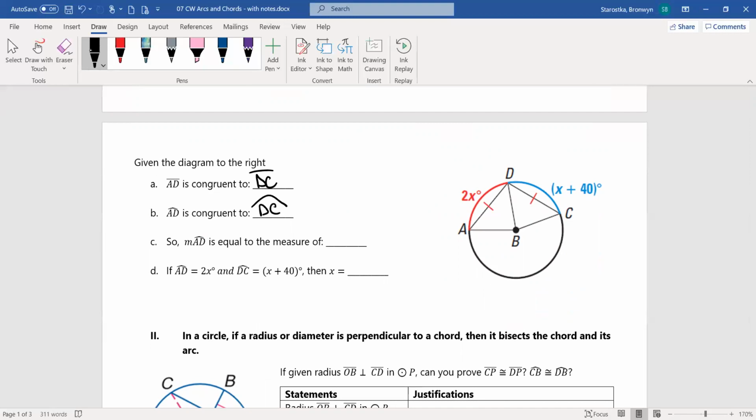So the measure of arc AD must be equal to the measure of arc DC. So if AD equals 2x and DC equals x plus 40, then we can just set those equal. So 2x equals x plus 40, which means x is 40 degrees.